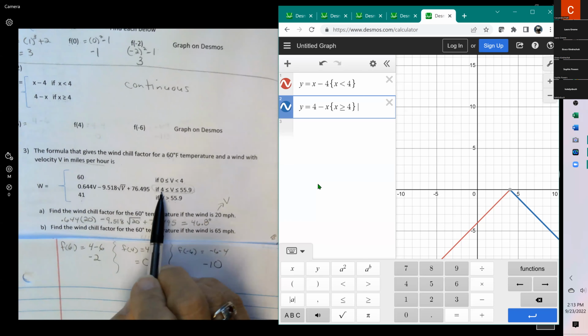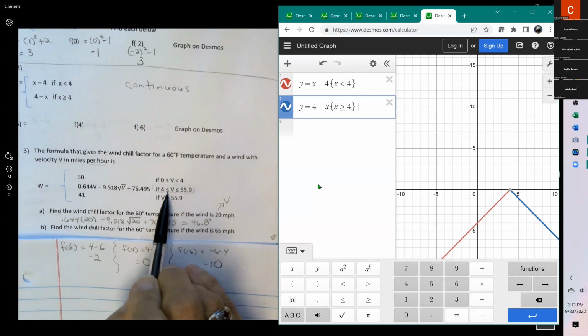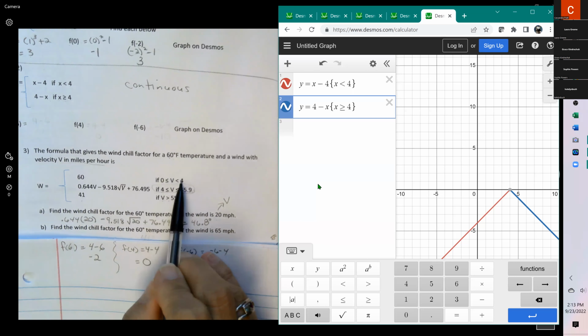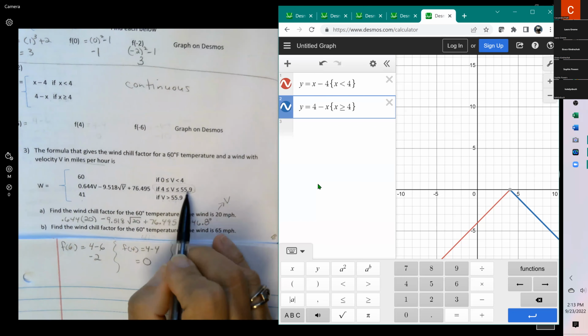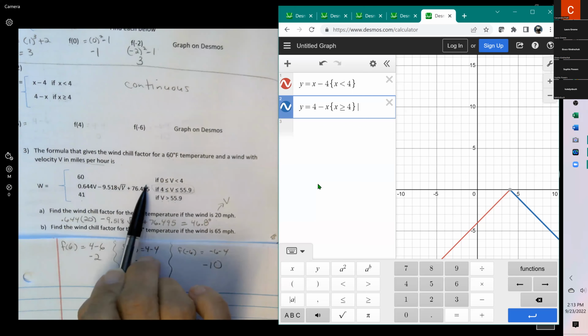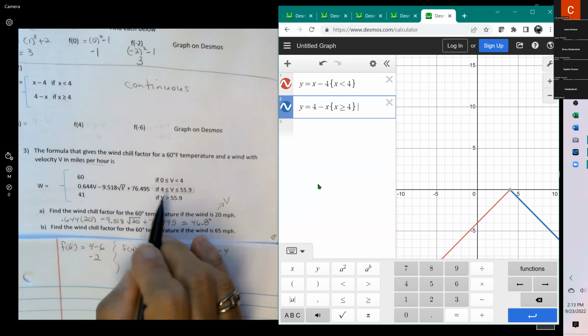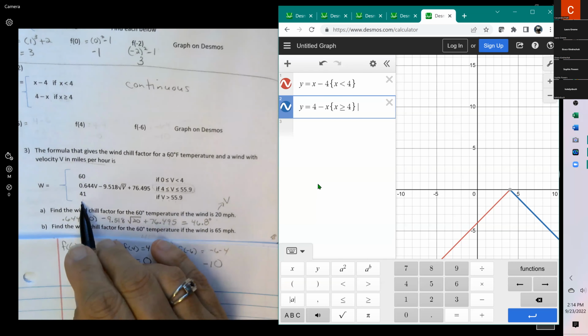If it's 4 to 55.9, and notice the equal to is on this one, so equals 4. This goes up to, but not equal to 4. So from 4 to 55.9 inclusive, you would use this formula. And then if you're greater than 55.9 miles per hour, it'll feel like 41 degrees.